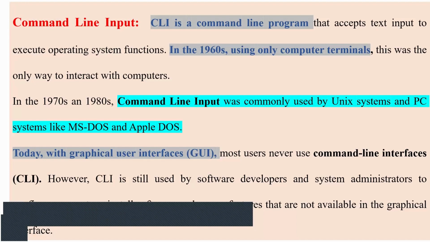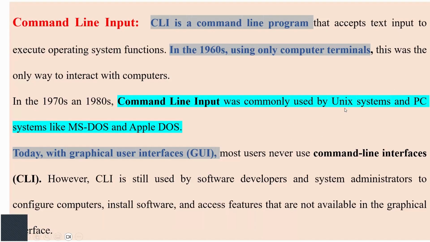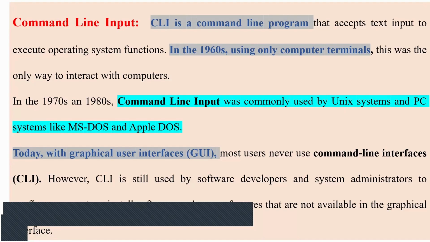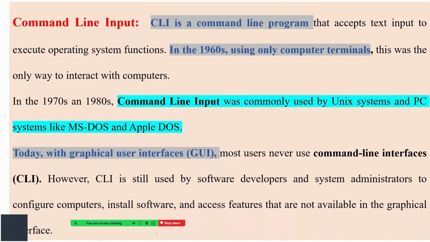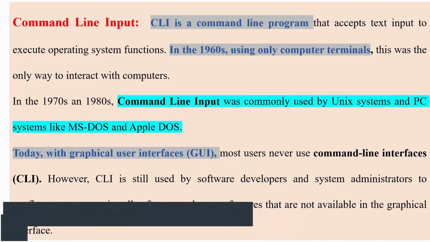Now talking about the concept of the command line interface and its importance in computing. A command line interface, or CLI, is a type of interface for entering text-based commands. Instead of clicking icons and buttons, users type commands to perform specific tasks such as opening files, running programs, or managing the system.